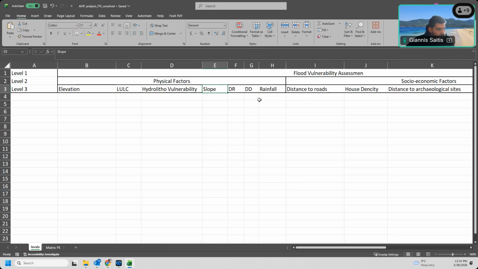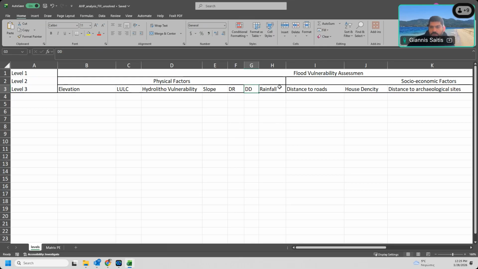Here is the distance from rivers. The DR is the distance from rivers. Here is the drainage density: how many rivers you have in a specific space.